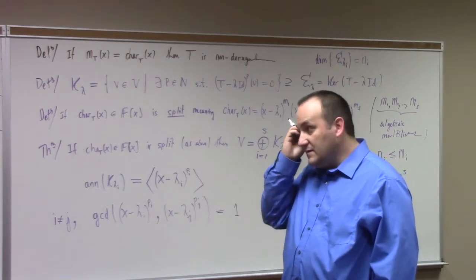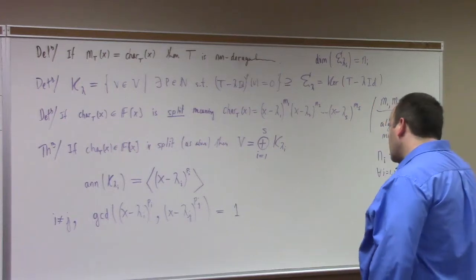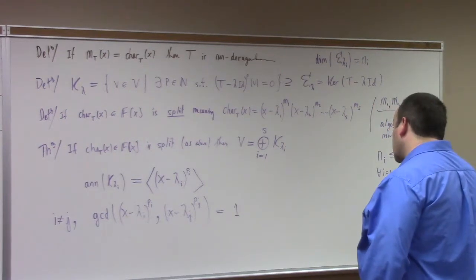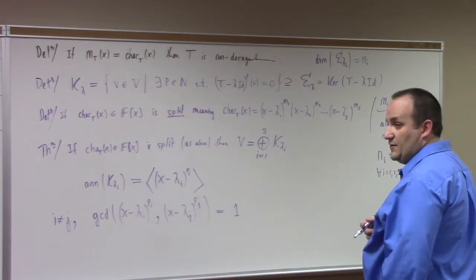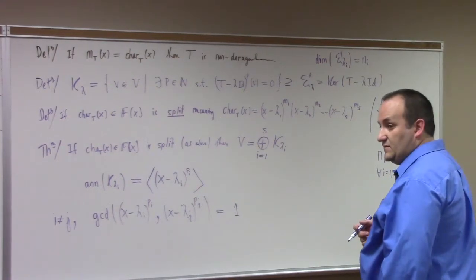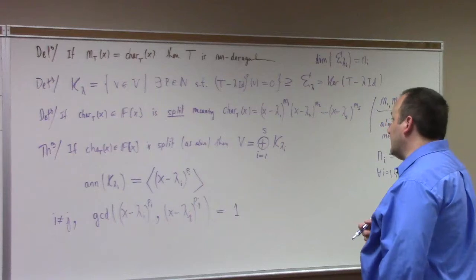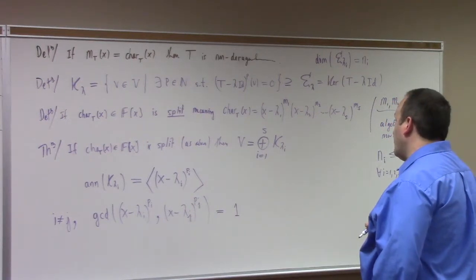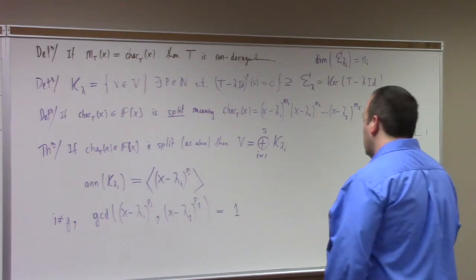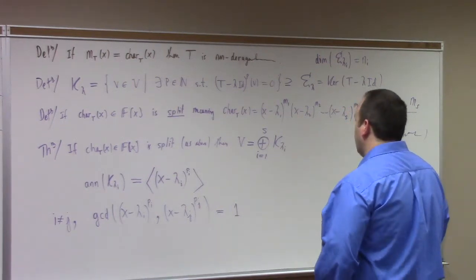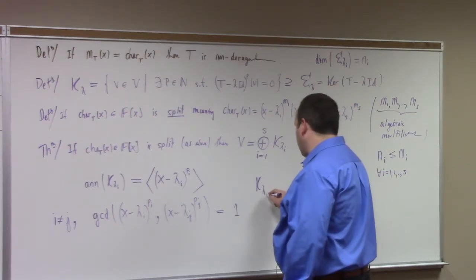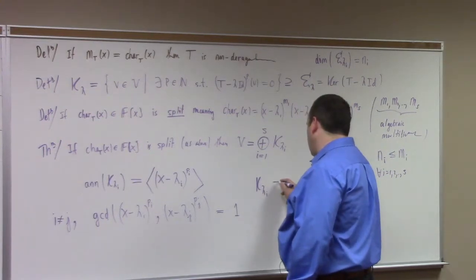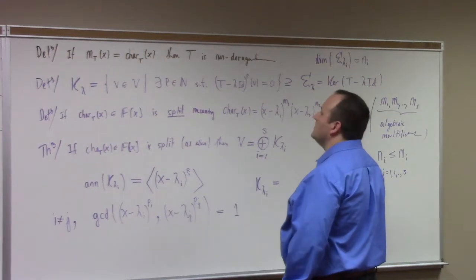And what that means then is that all of those beautiful formulas we read about distinct primes in the general decomposition are still true here. Like, what's a formula, for example? What's a formula for K lambda I? We could also write it as, how's it go?